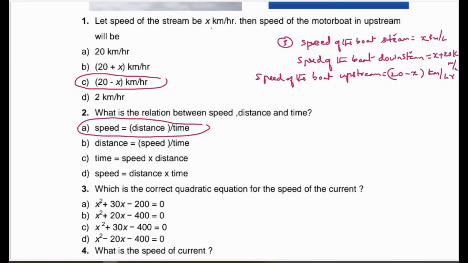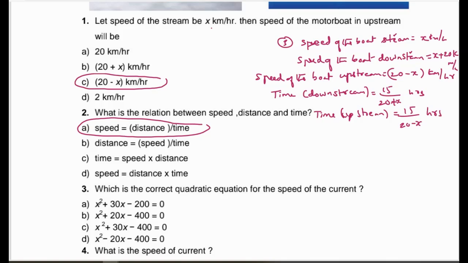Now the time downstream will be 15 by 20 plus x hours, and the time for upstream will be 15 divided by 20 minus x hours. Plus is for downstream, minus is for upstream.